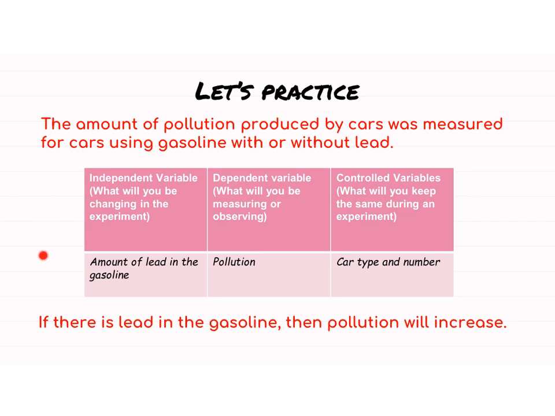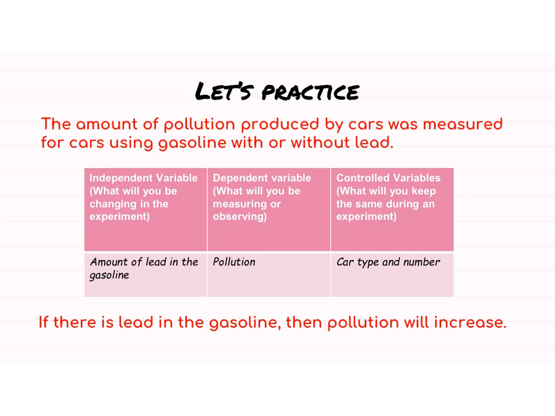So the independent variable was the amount of lead in the gasoline. What we were measuring or observing is the pollution. So this was the dependent variable. What was the same during the whole experiment is that the same car type was used and the same number of cars also was used.